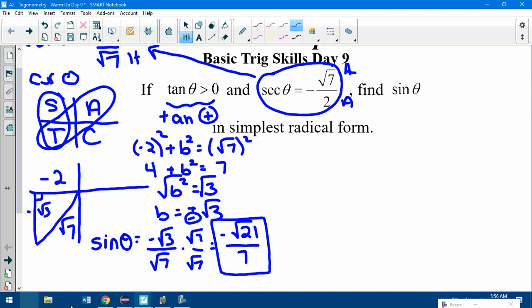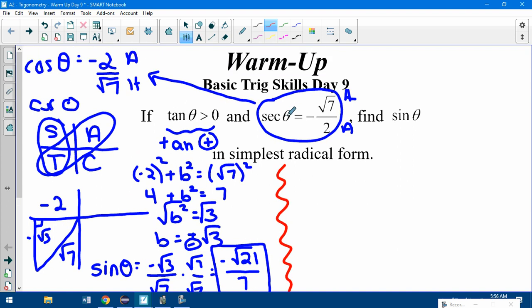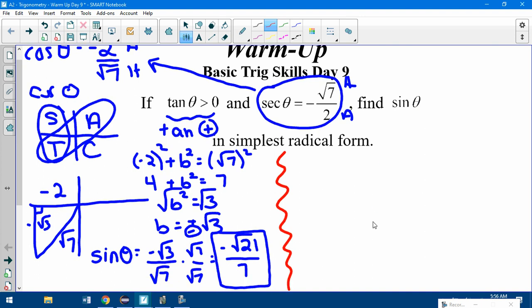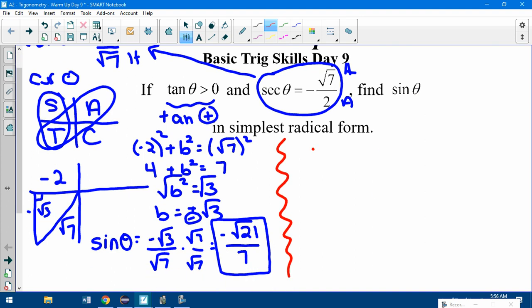Okay, that's probably, in my mind, the easiest way to do it. If you wanted to use the equation, and if you tried it that way, you could have, because you technically have information about cosine, and you want to find sine. So remember that formula that relates the two. Sine squared theta plus cosine squared theta equals 1.